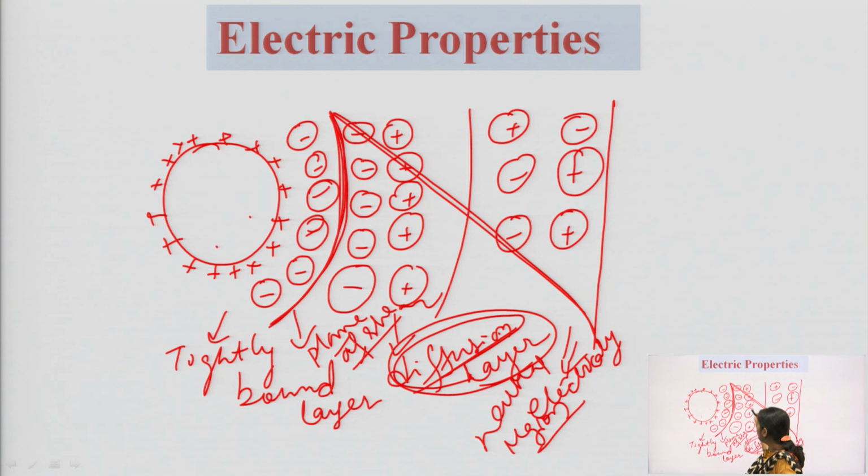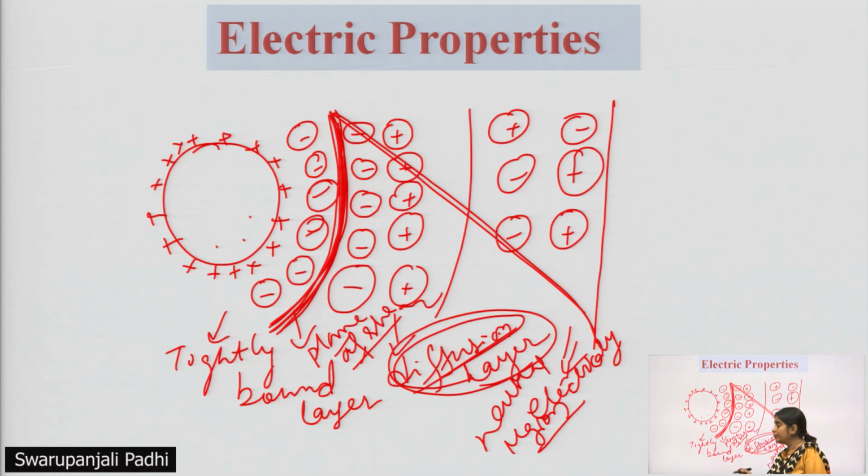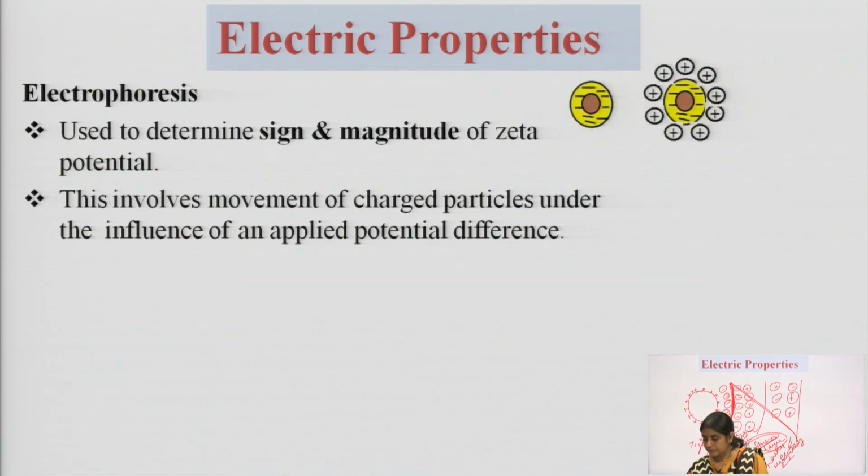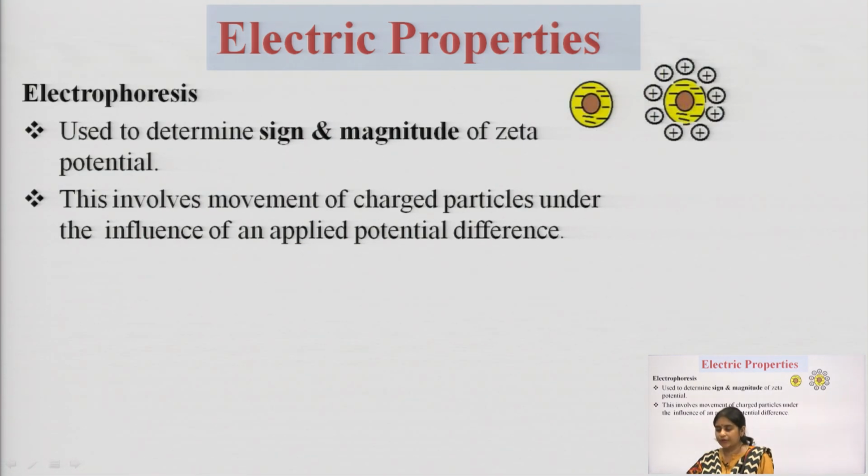Now, we use this layer, but this is not the original layer which is present on the surface of the solid. Why do we use this layer? Because this layer keeps on moving as the particle keeps on moving. So, we measure this potential difference, and this is your zeta potential.